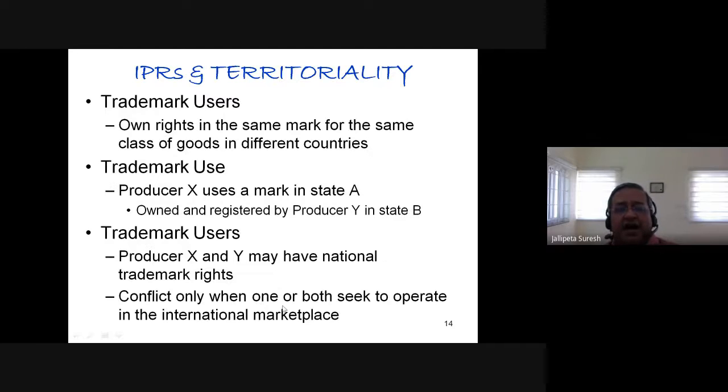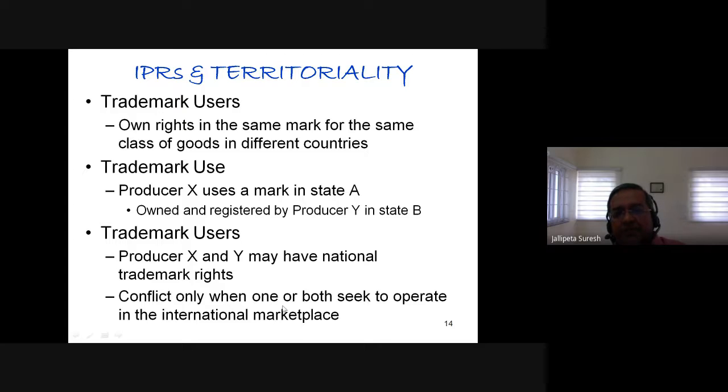Okay. After having seen the fundamental principles of intellectual property rights, let us now look at some examples to highlight the territorial nature of intellectual property rights. Here I'm taking an example of trademark. Whenever you want to have a trademark, what you do is first identify the product or the services that you want to provide or make and sell.